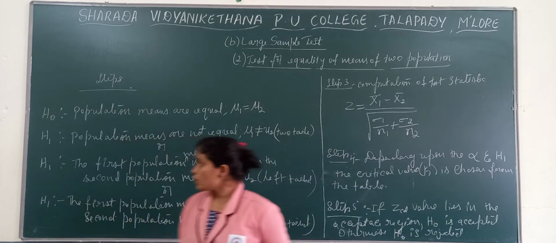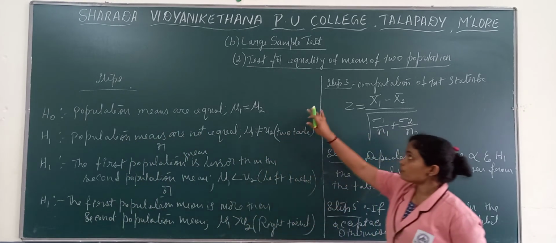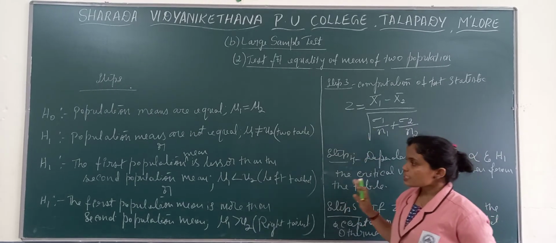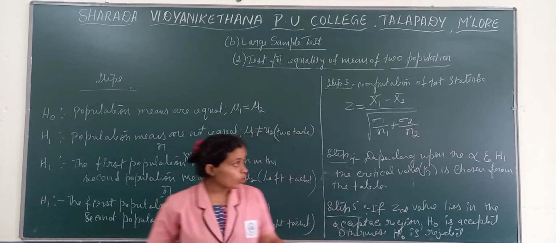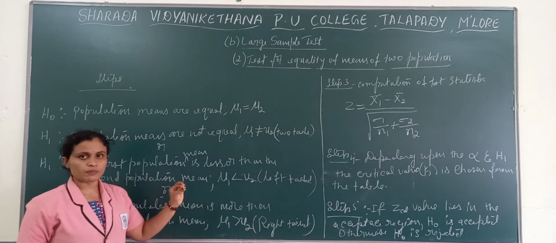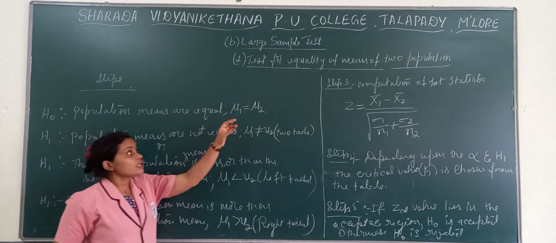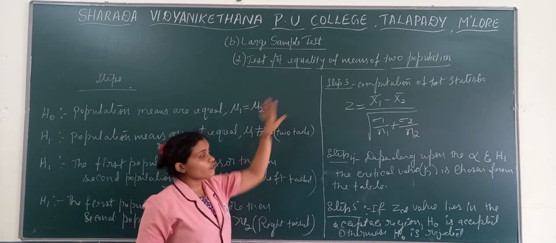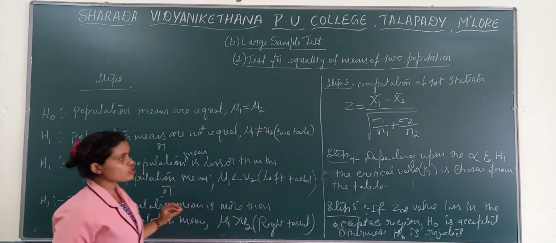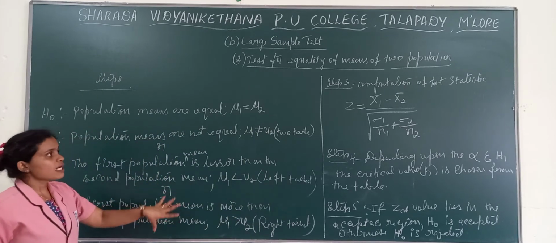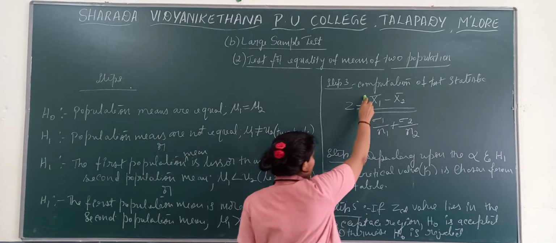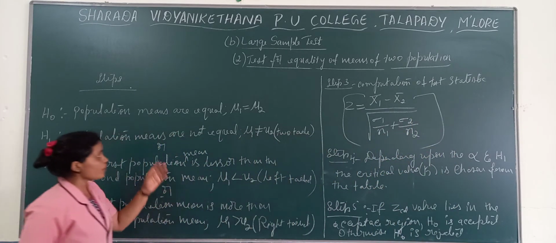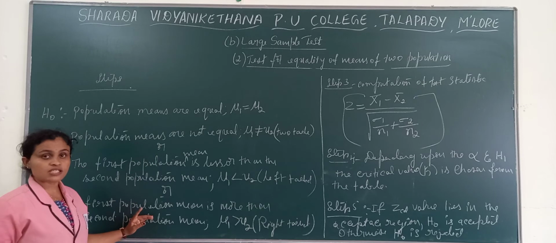Now these are the 5 steps in case of test for equality of means of two populations. See, only these steps may come for 5 marks, and you will get this same procedure for all those 4 applications. Only the formula will change, and how to frame the null and alternative hypothesis may change.